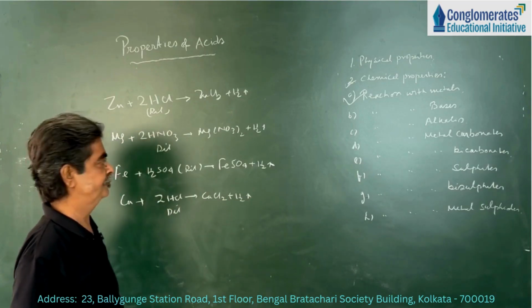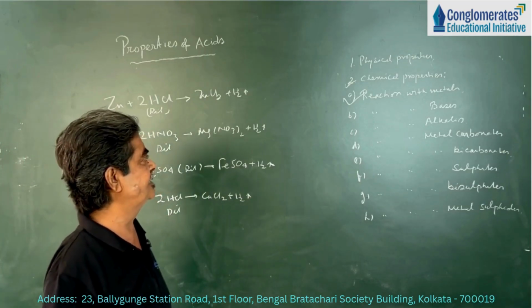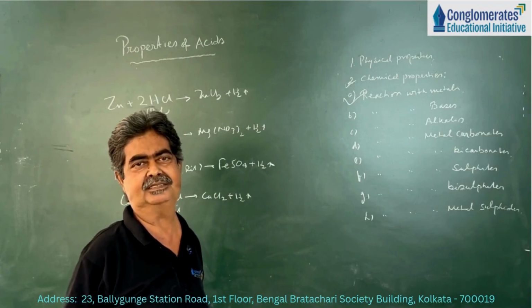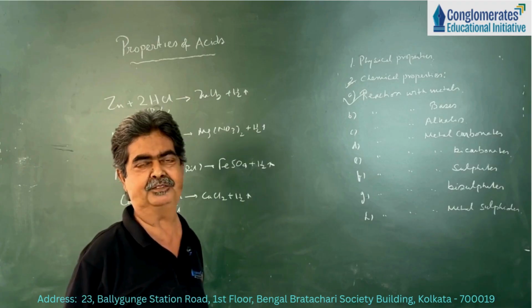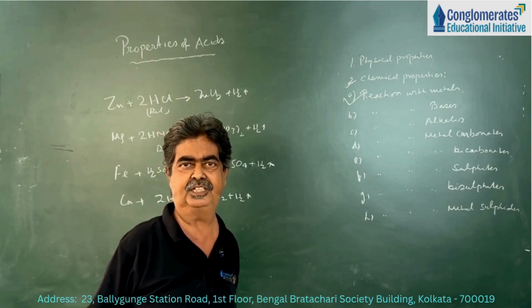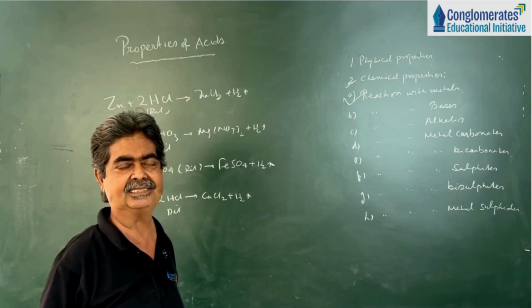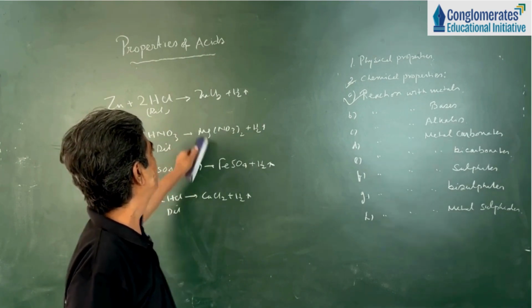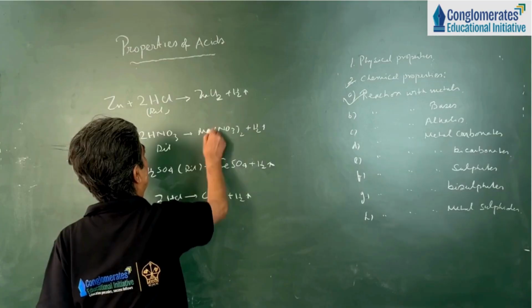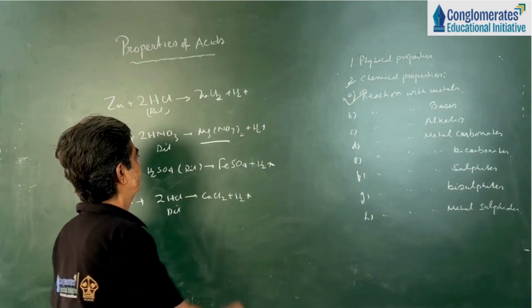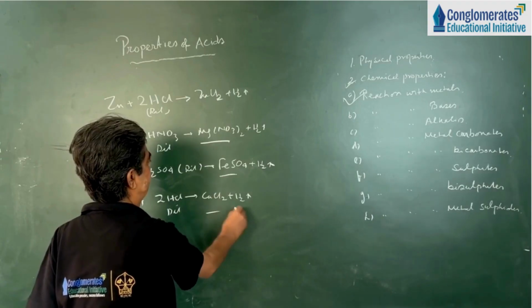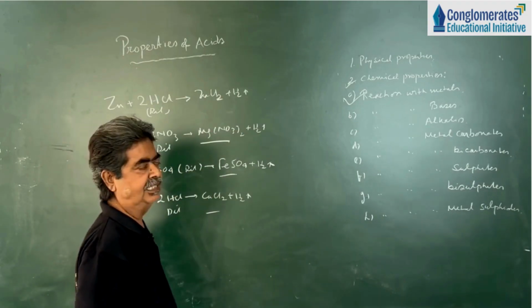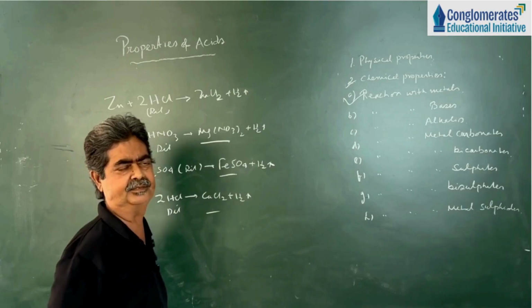So let me conclude that dilute acids react with the metals which are present above hydrogen in the electrochemical series, producing hydrogen gas with the formation of the respective salts, meaning zinc chloride ZnCl2, magnesium nitrate salt, ferrous sulfate salt, calcium chloride salt, and with the evolution of hydrogen gas in every case.